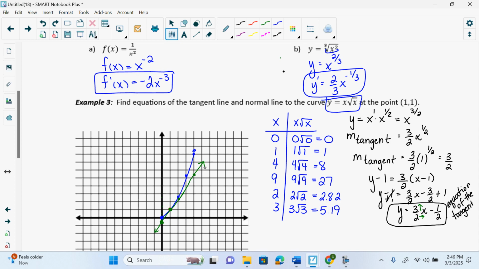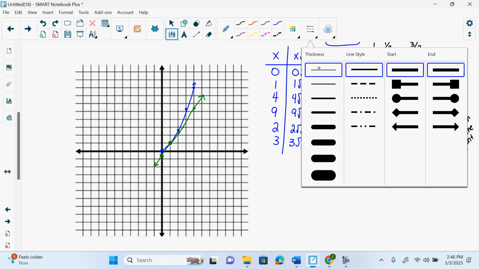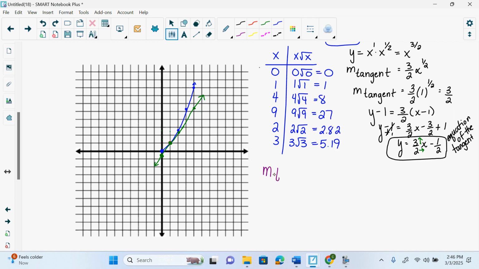Now your normal line is perpendicular to that one. So if my m tangent, grade 10 comes in a lot, I'm not joking, if my m tangent is 3 halves, my m normal is 90 degrees the other way, a perpendicular line to that.